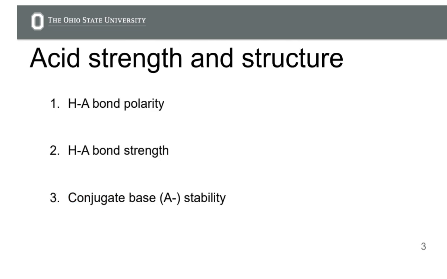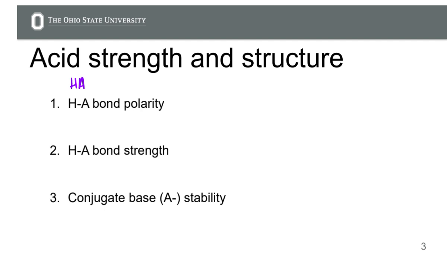Okay. So then, let's talk a little bit about acid strength and structure. I added these slides because there's a very good chance you will see these types of things on your exam. There are 3 factors that affect acid strength that are related to its structure. The first one, and again, we're considering an acid.